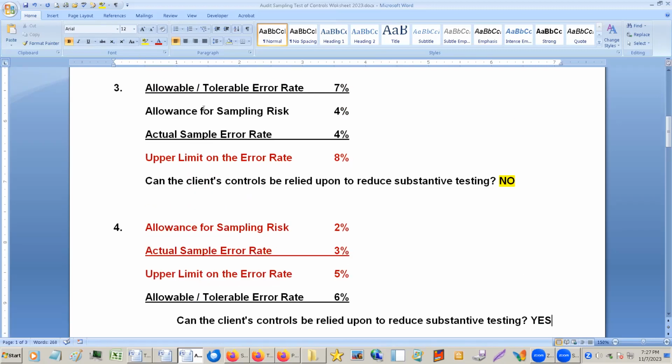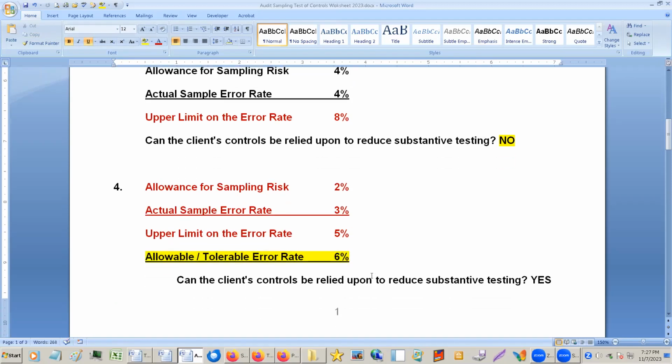So be careful, whatever way they put it. The allowable is really what we're looking at. If we can rely, this is what we will be happy with, basically, the allowable, sometimes called tolerable rate. And as long as the upper limit is less than the tolerable rate, then we're fine.